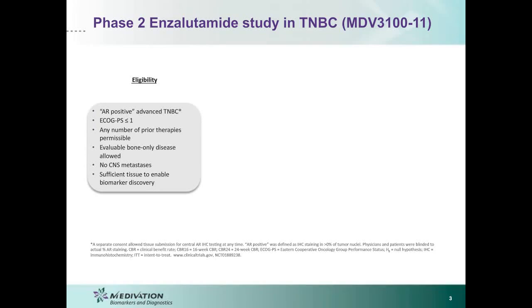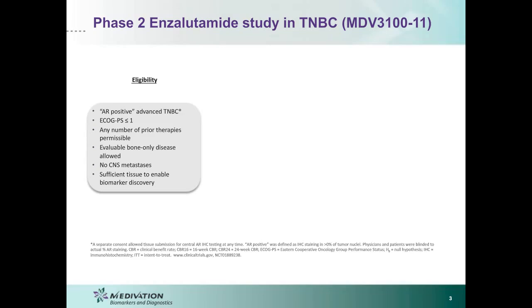So in this phase 2 study of enzalutamide in triple-negative breast cancer, women were recruited if they were androgen receptor positive, meaning that they had some staining of androgen receptor by immunohistochemistry, and that was basically any staining. So it was a very sensitive assay.